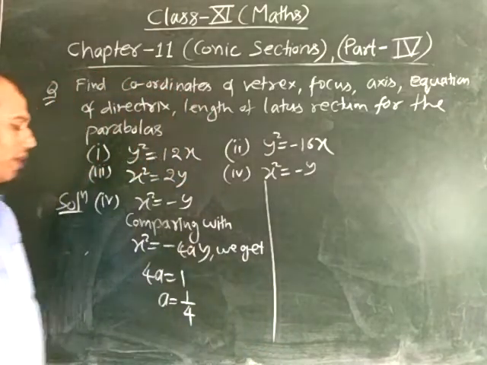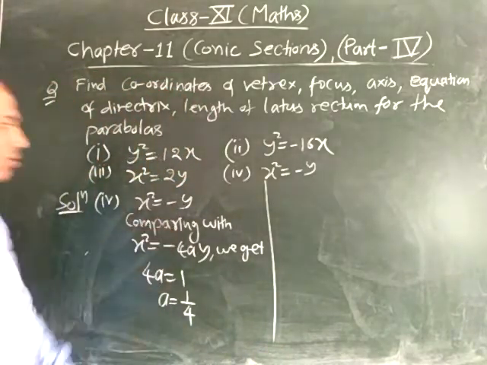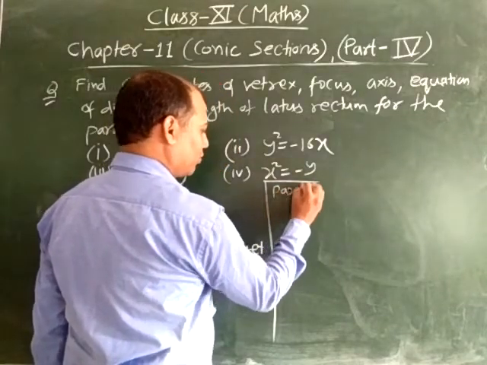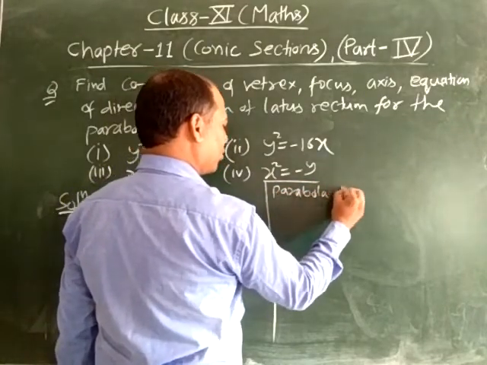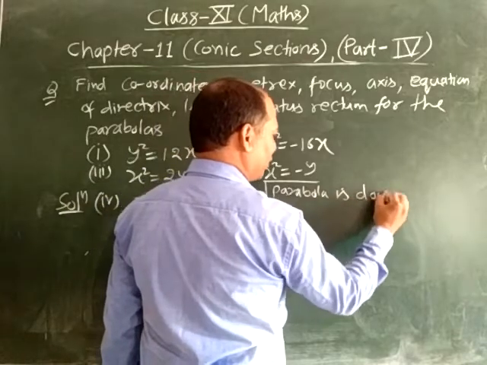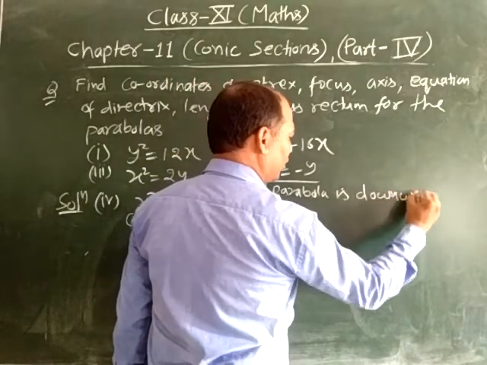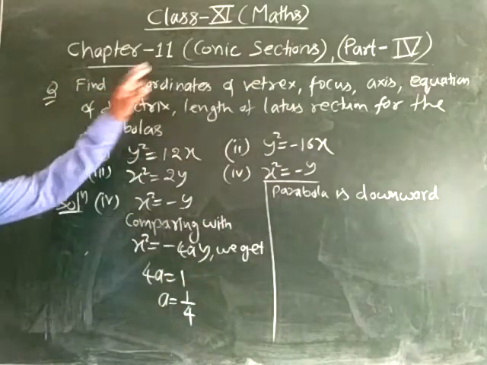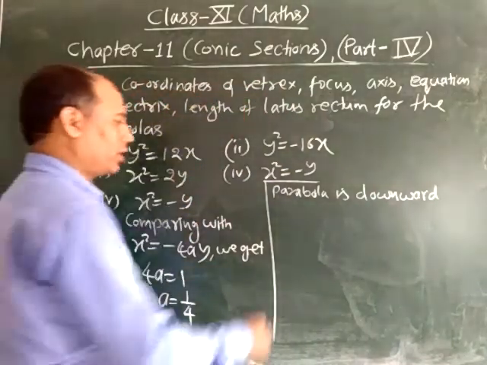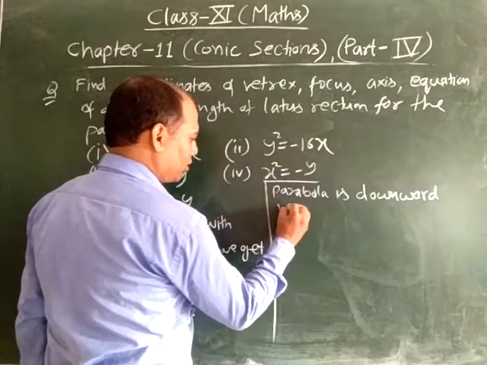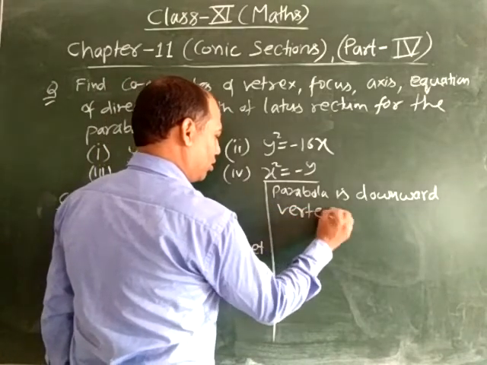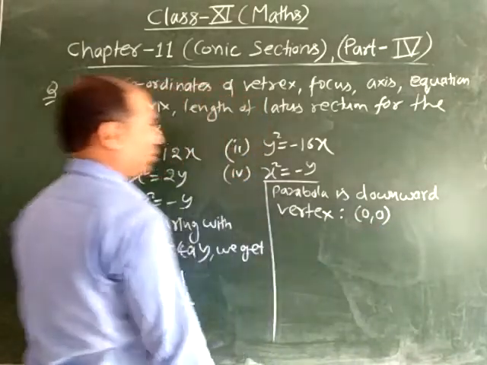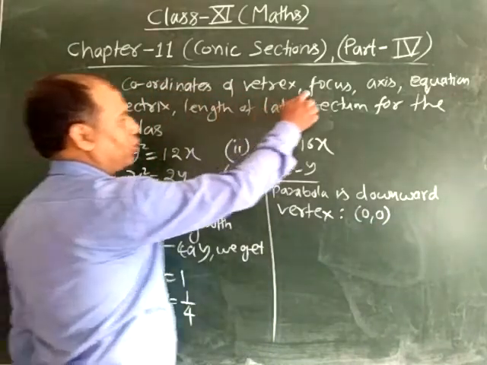Now what we have to find out? This is a downward parabola. And for the coordinates of the vertex, which is the origin, the coordinates of vertex become 0, 0. The next one is the coordinates of the focus.